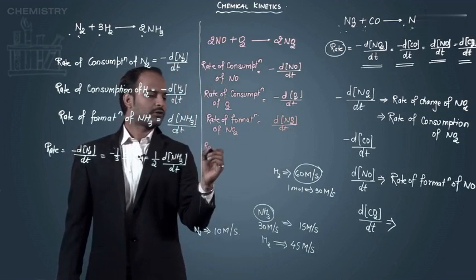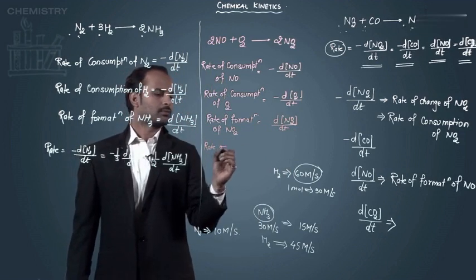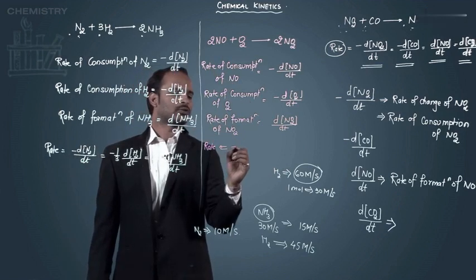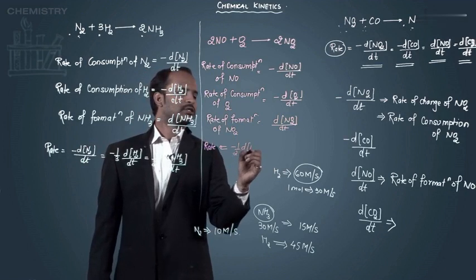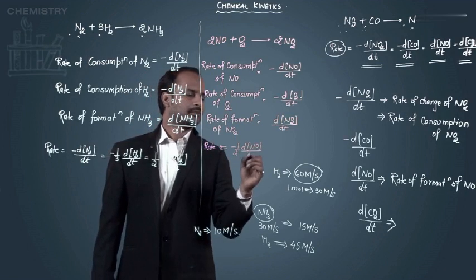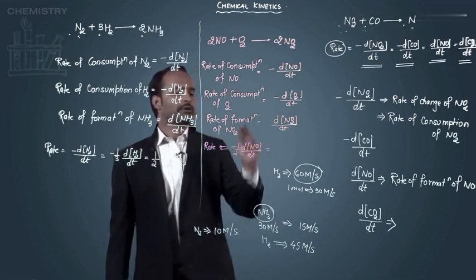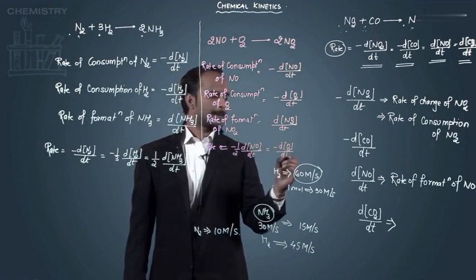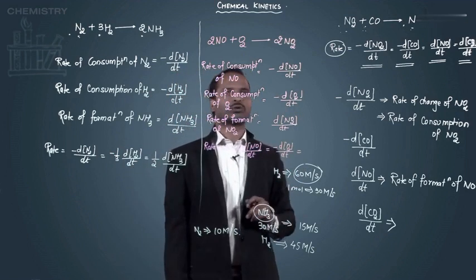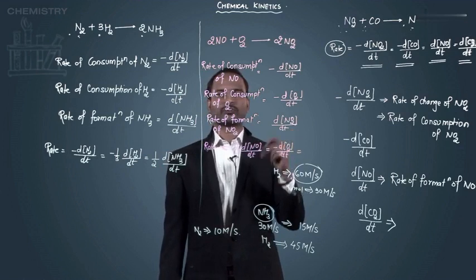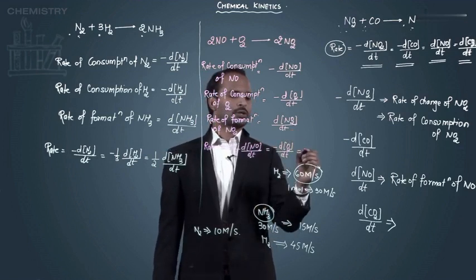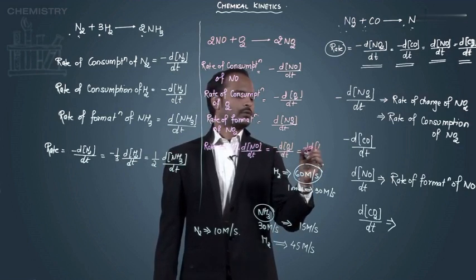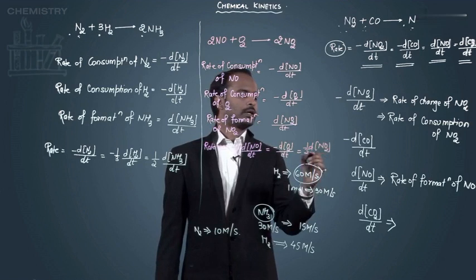Again, I want to write the rate of reaction, the speed of reaction. Since NO is 2 moles and the rate is for 1 mole, the rate is going to be half of the rate of consumption of NO, that is minus 1/2 d[NO]/dt. For O2, 1 mole, so it is minus d[O2]/dt. And for 2 moles of NO2, the rate is always for 1 mole, so it is 1/2 d[NO2]/dt.